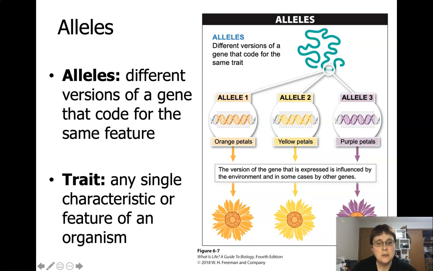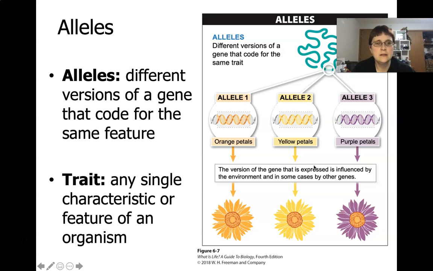So in this example, we're looking at flower color. We're looking at 3 different flower colors. The gene is for making the color for the petals. So that's the gene. The alleles are the different colors.